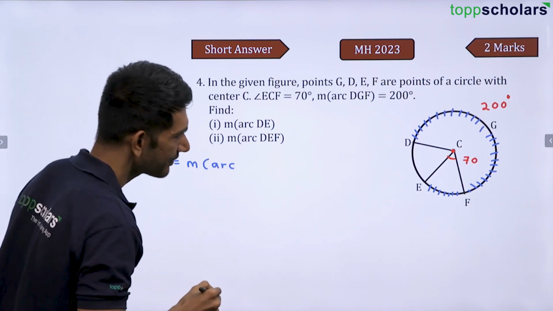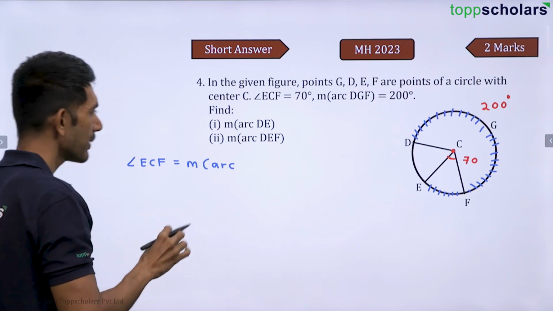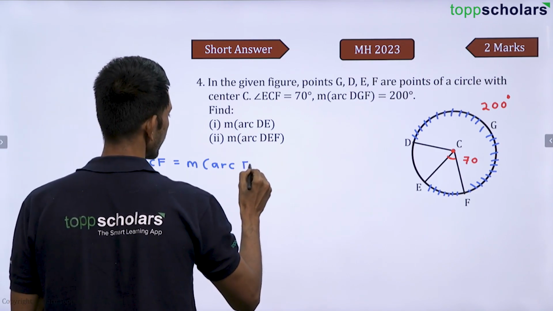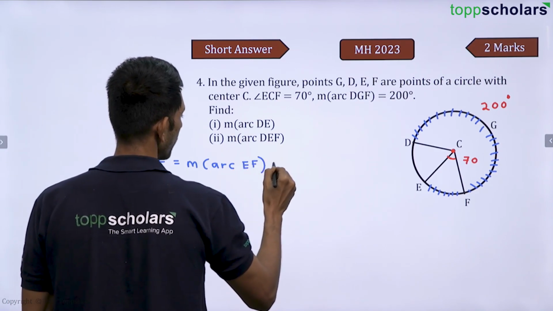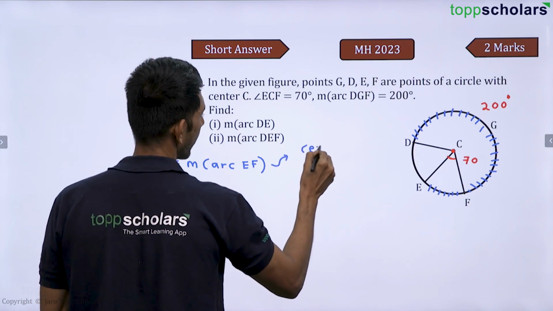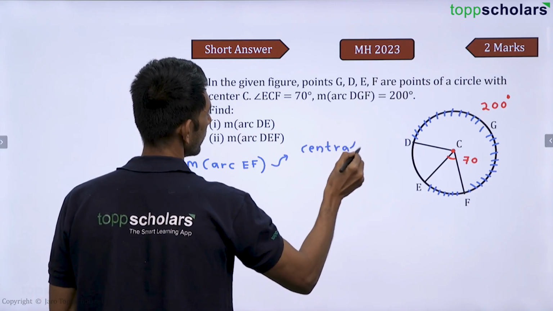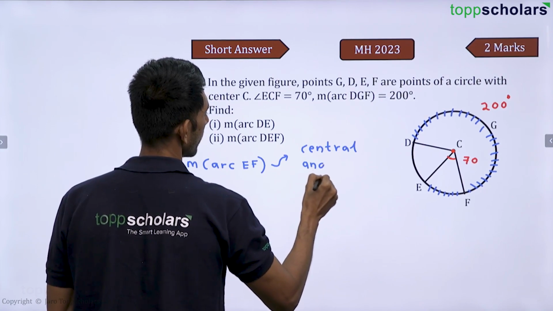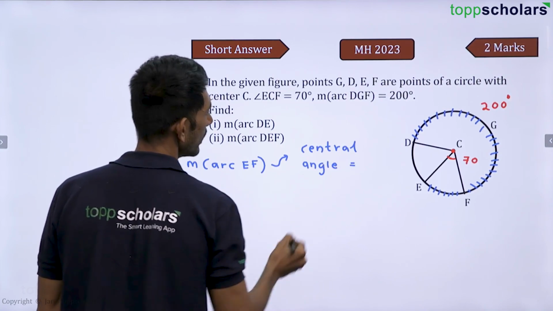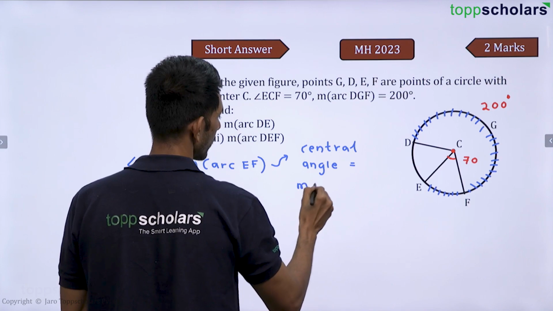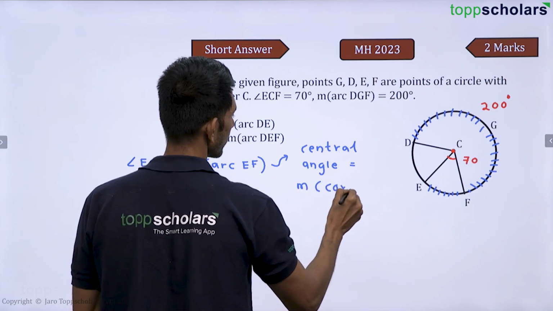Angle ECF is equal to the measure of arc EF, because the measure of a central angle is equal to the measure of the corresponding arc, right?